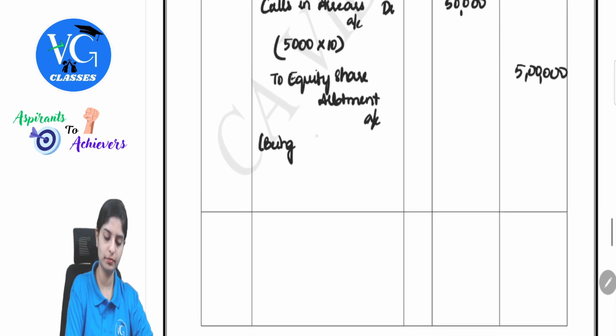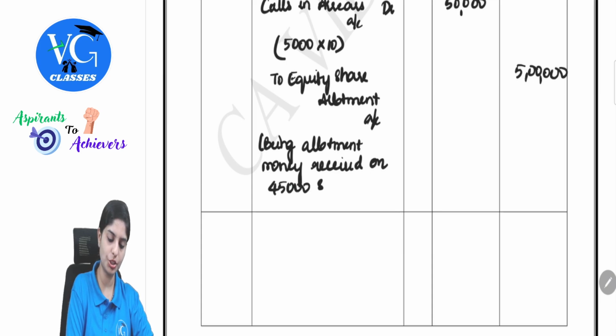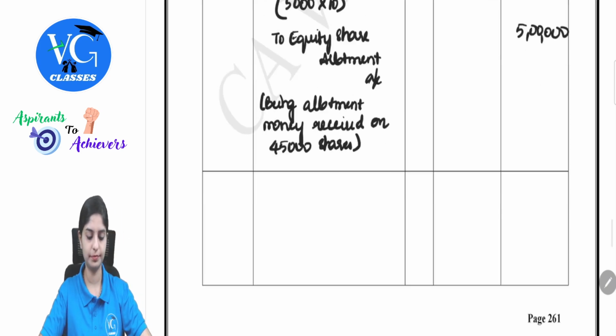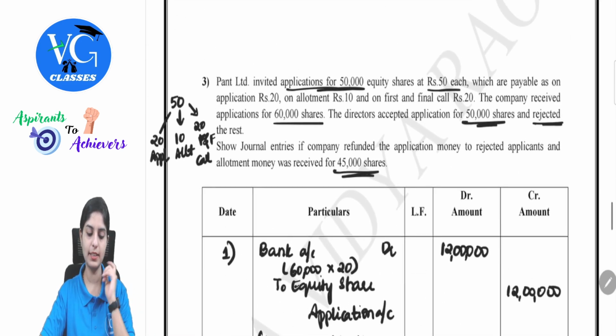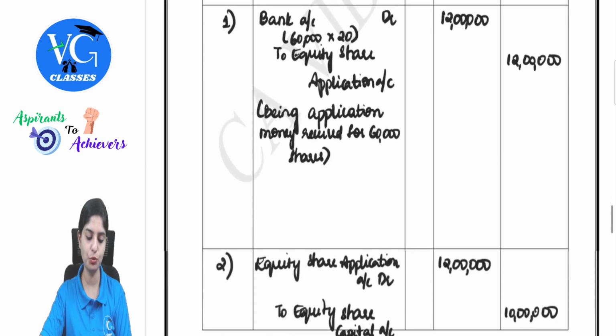Being allotment money received on 45,000 shares. Show journal entries if the company refunded the application money to rejected applicants. We have shown that.